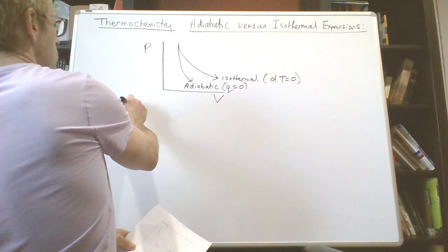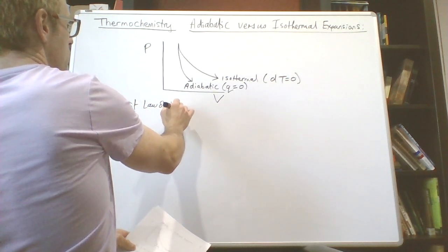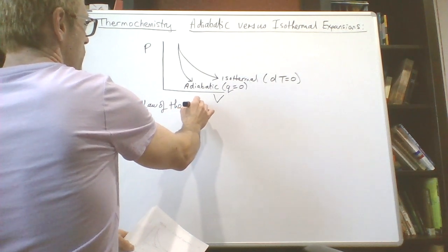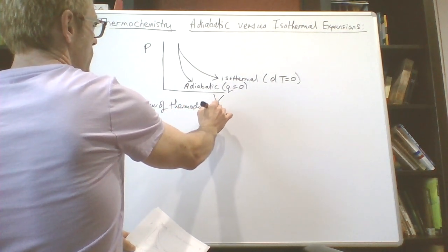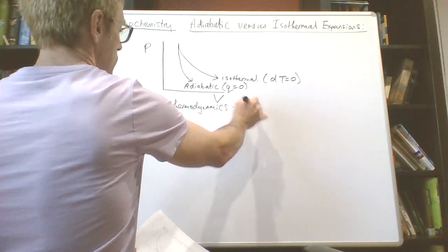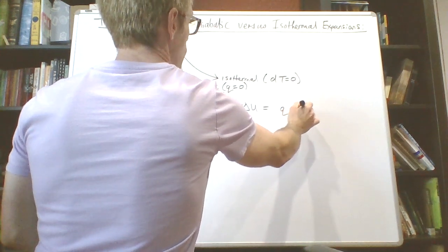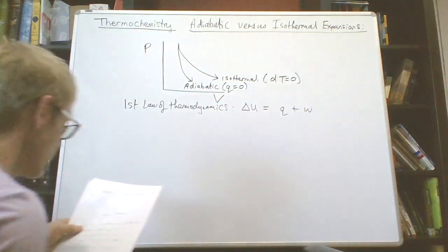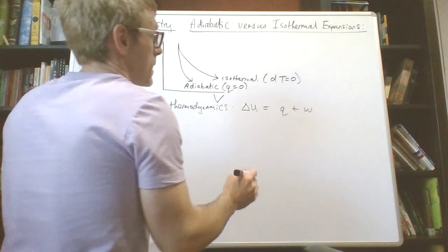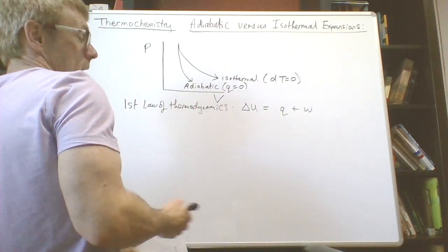We're going to reiterate the first law of thermodynamics, which says that the change in internal energy is the sum of heat and work. And under adiabatic conditions, heat is zero.